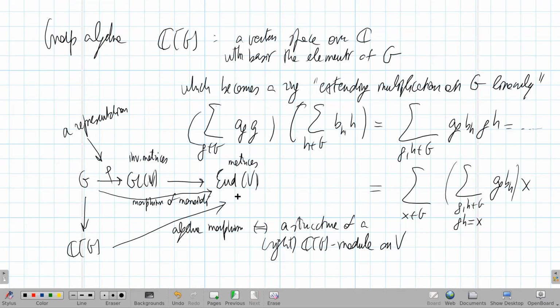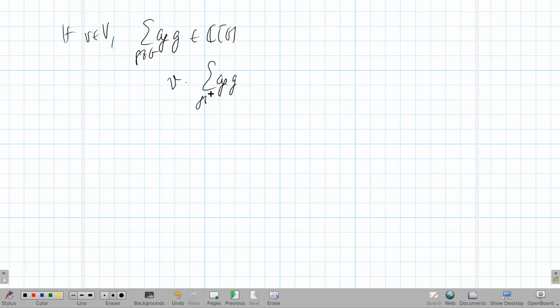Just to see what this algebra morphism does, essentially, if v is in V, and say some sigma is an element of the group algebra, then the module action, the fact that V becomes a CG module, means that there is an action of these elements on V that satisfies certain axioms, and the action is exactly the right action, but it's my choice.